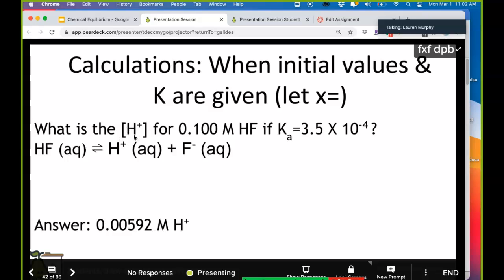So let's look at this reaction. It says, what is the hydrogen ion concentration? And I give you 0.1 molar HF. So this is my initial concentration of HF. And I also give you K. So first things first, let's set up the reaction, which is written for you. It's HF. Remember, it's a weak acid, and weak acids go to equilibrium because they only ionize a little bit.